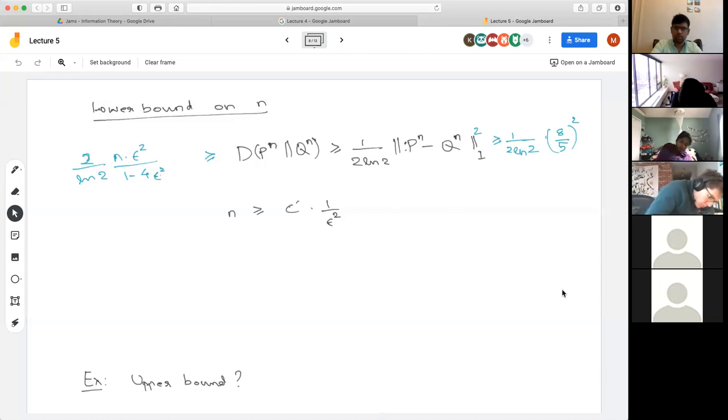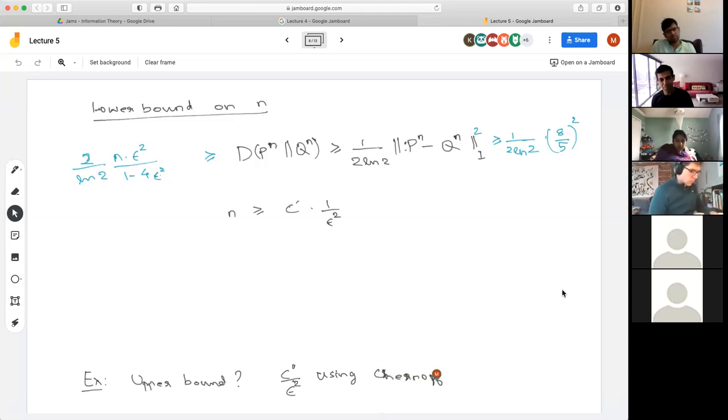Let's say C double prime. As an exercise, I'll ask you to check that using Chernoff bounds, you should be able to distinguish these two coin tosses.